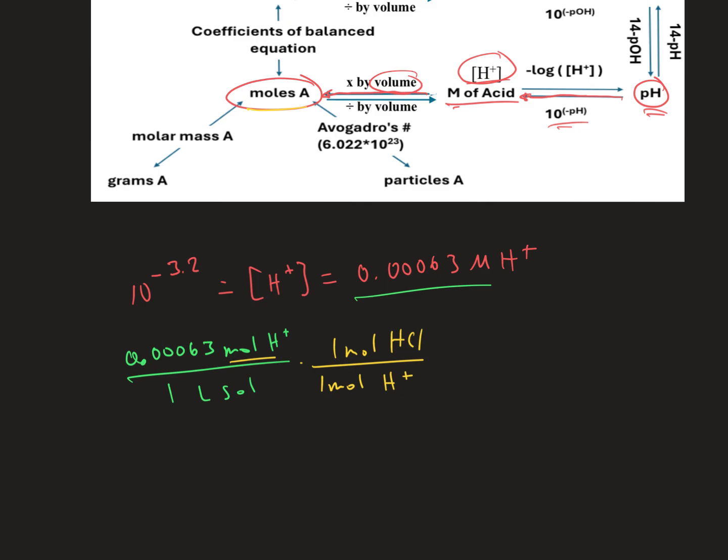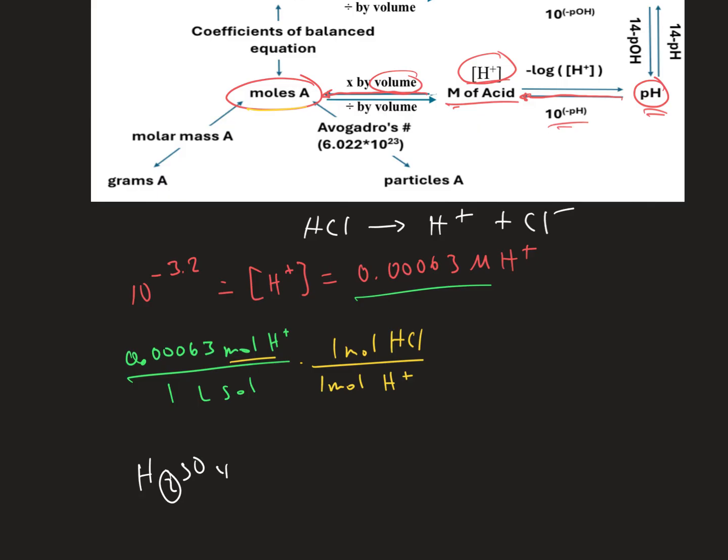I mean, if that doesn't make sense, you say, well, why can we just do this? No big deal. Why is it 1-to-1 again, sorry? Because if we have HCl, it breaks down into H plus and Cl minus. But if it was H2SO4, is that a 1-to-1 ratio?